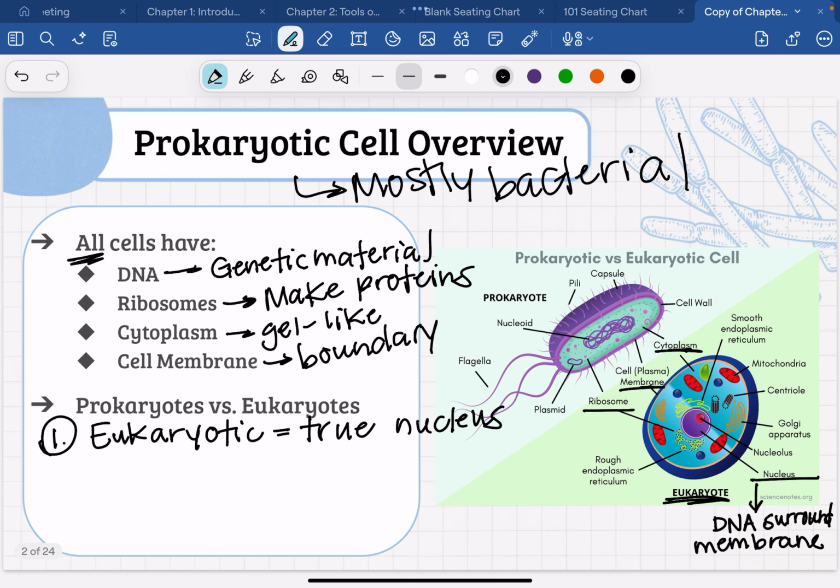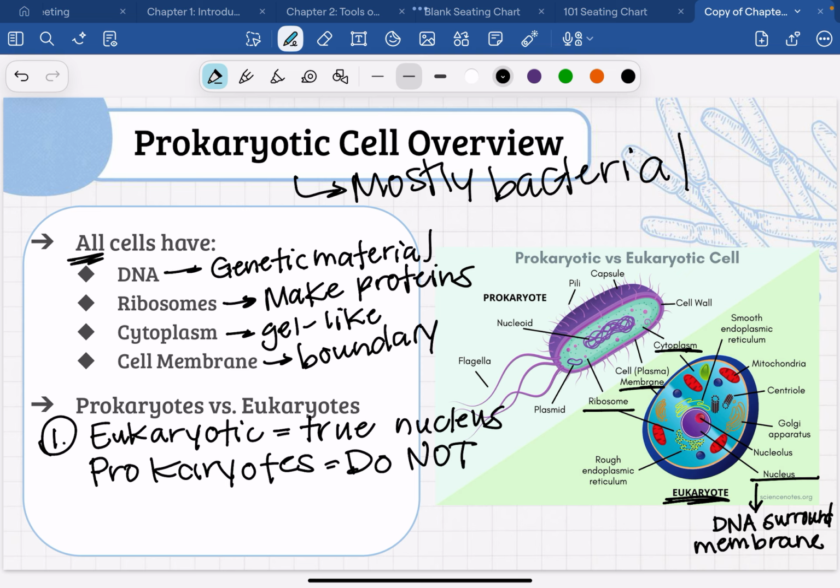Prokaryotes do not. Prokaryotes do not have a true nucleus. So that is the biggest difference between prokaryotes and eukaryotes. And I'm going to say this approximately 1,000 more times, and it's going to haunt your nightmares until the end of time, that eukaryotes have a true nucleus.